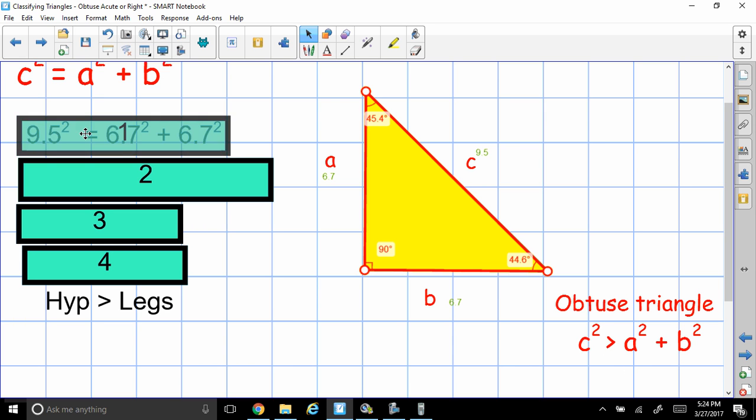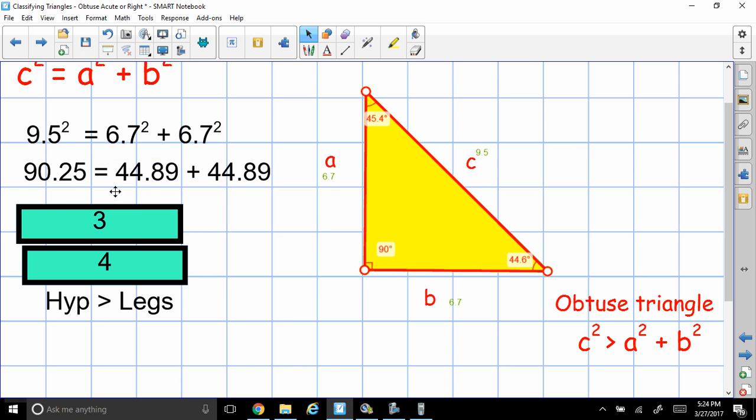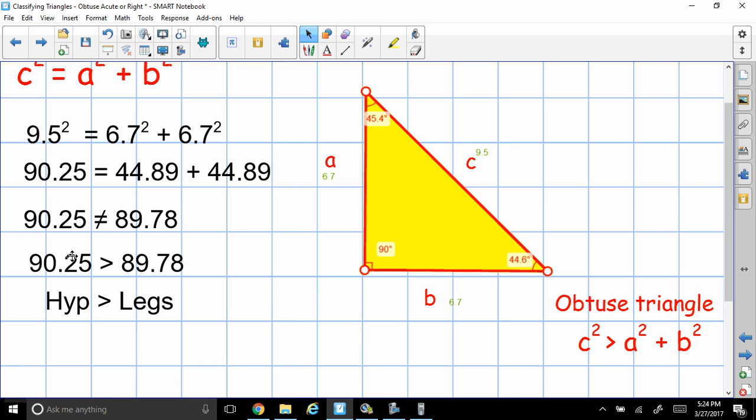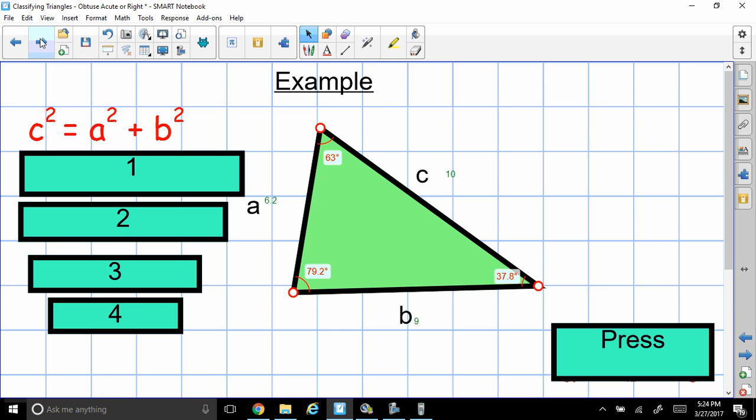So what I did was I squared my hypotenuse, squared my legs, found out what the value is, then added them up. Notice that they're not equal, so now I compare which one's greater. The hypotenuse is greater than the legs, so since my hypotenuse is greater than my legs, then I have an obtuse triangle. So here's one for you to try.